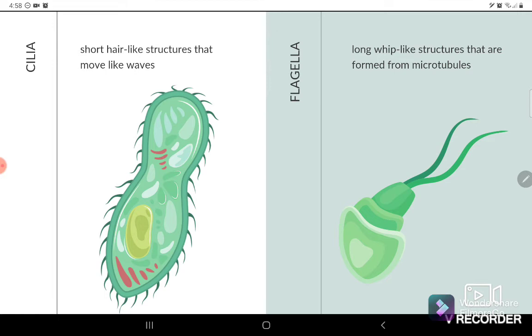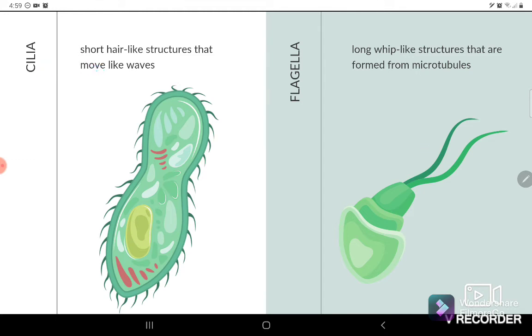Another modification made for locomotion is the flagella, or flagellum. These are long whip-like structures formed from microtubules. As you can see in this structure, they are like tails of that microorganism. The flagella have the same function as the cilia.